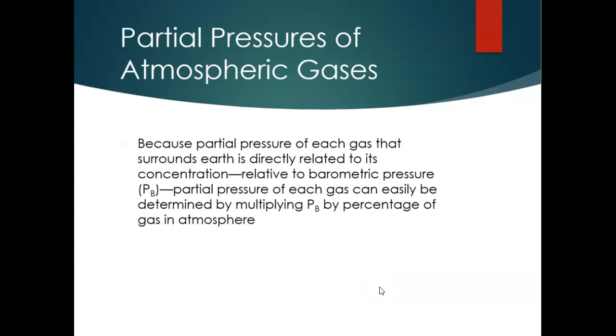So, because that partial pressure is made up by the amount of concentration, it's going to be relative to that barometric pressure. So we can easily determine what the partial pressure of each of those gases is if we know the concentration.